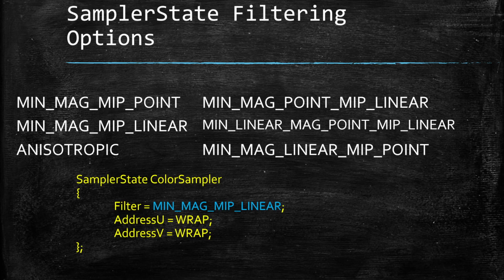All right, and so this is where the crazy filter comes from. You really have to define what the minification, the magnification, and the MIPPing are going to be done as.